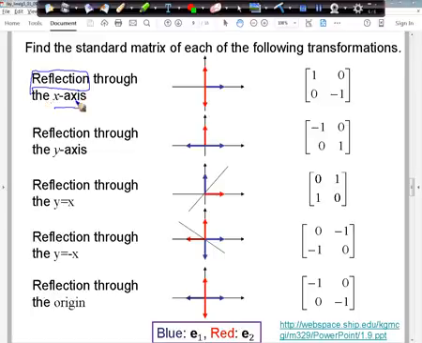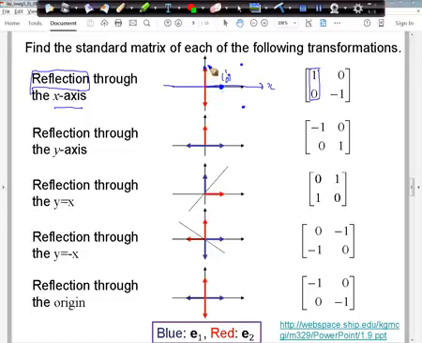So in the case of reflection through the x-axis, for any point x, we obtain this guy because we are reflecting it through this x-axis, right? So let's think about the 1, 0 case. This is 1, 0, and this will stay the same in terms of the result. So the same result will be put here.